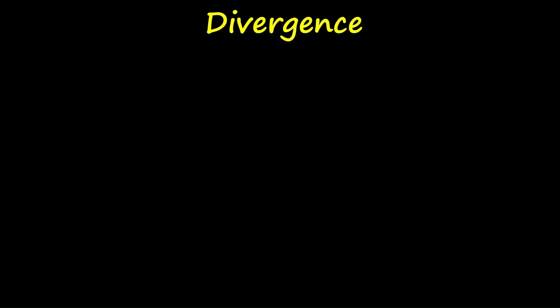Now, we will discuss divergence. The divergence of a vector is written as the dot product of the del operator and the vector. We already know the expression of the del operator, so we can write this, then the y component, then the z component.